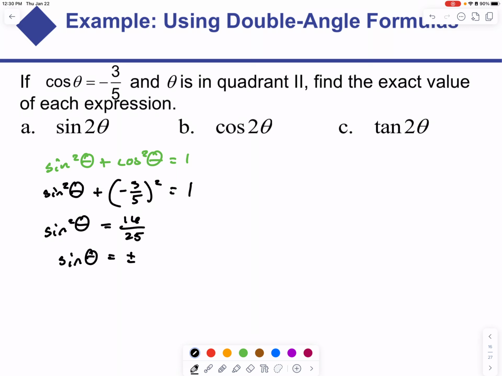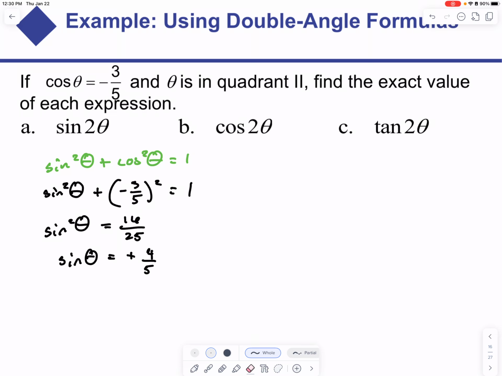Right now we're getting plus or minus 4/5, because when you take the square root, do plus or minus. If we're in quadrant 2, sine corresponds to our y. Y is positive in quadrant 2. So I'm just going to take the positive value because we're in quadrant 2. Okay.